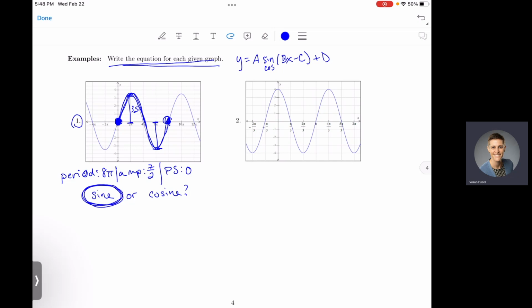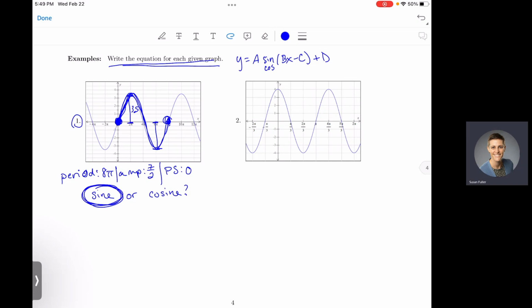This is going to be a sine function. And we also want to know, is this flipped or is this not flipped? Is this a regular sine function or an upside down sine function? Because we start at the baseline and we go up, this is a regular sine function. This is not upside down. So it's just going to be a sine function and my a value is going to be positive.